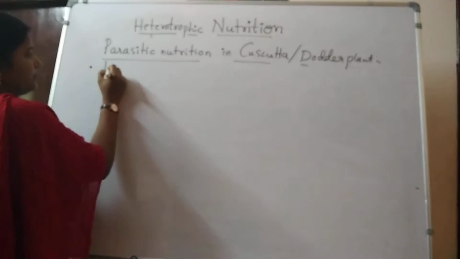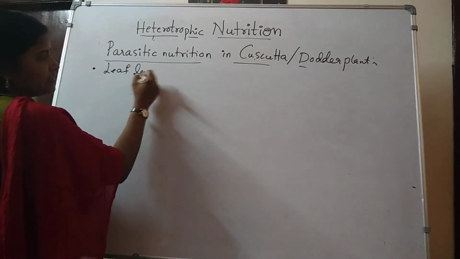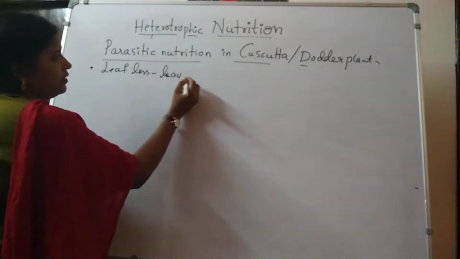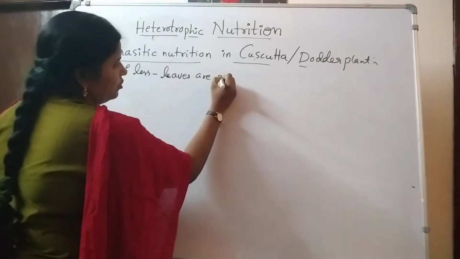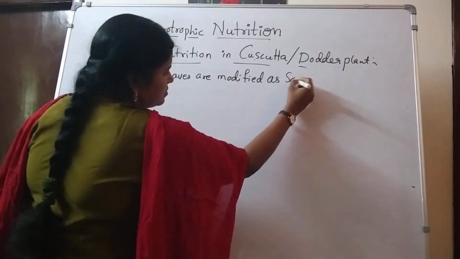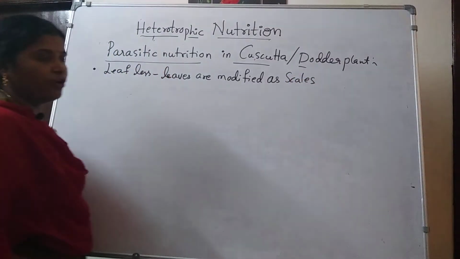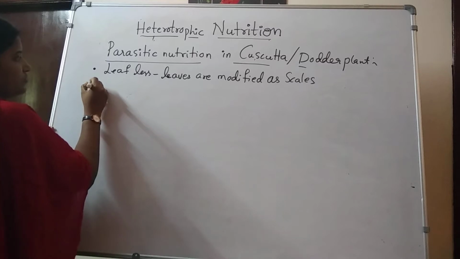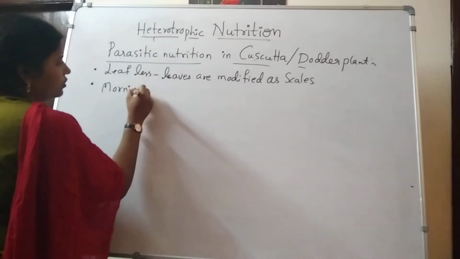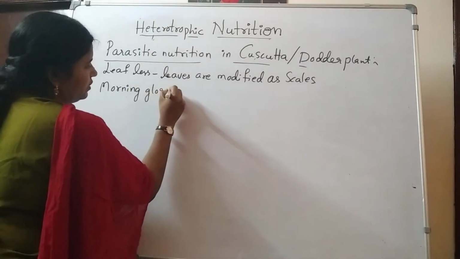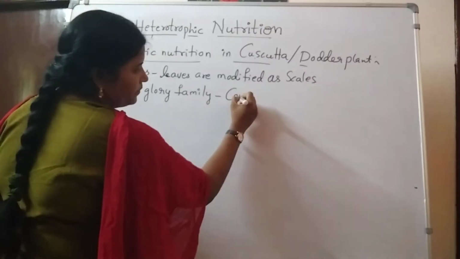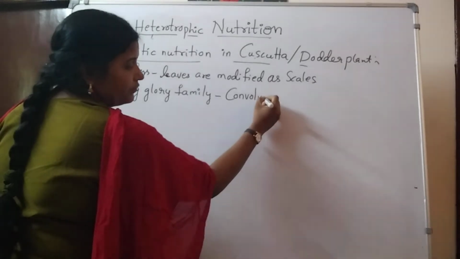So, it is a leafless plant, otherwise the leaves are modified as scales, okay. Then which family does it belong to? It belongs to the morning glory family, and the family name is Convolvulaceae.